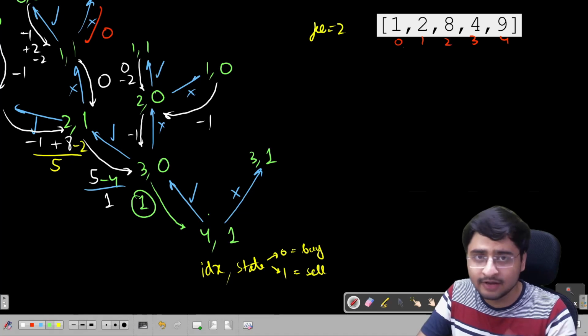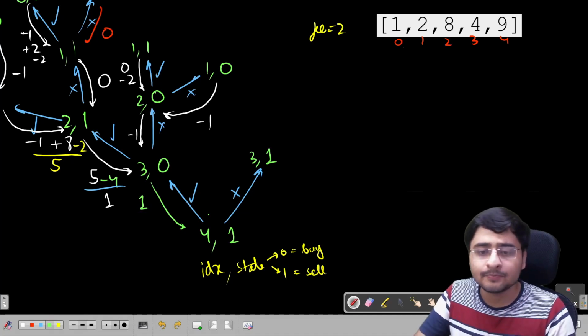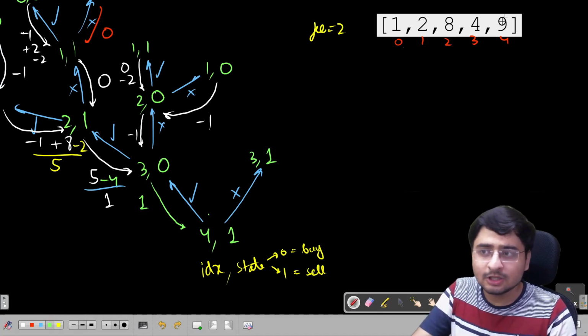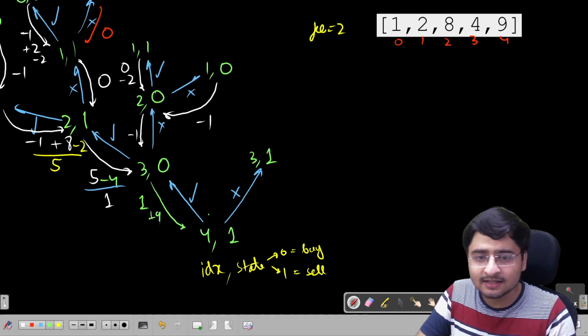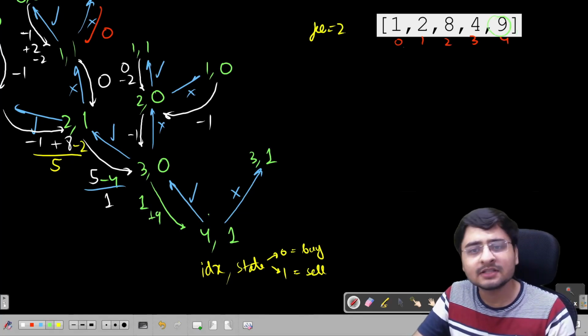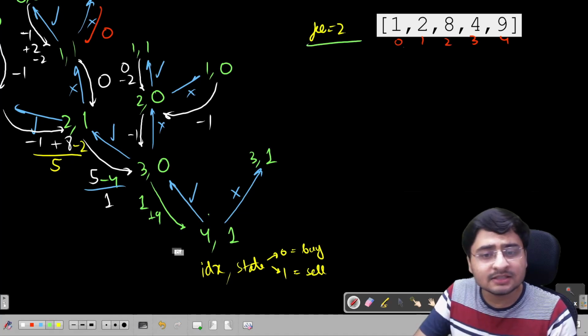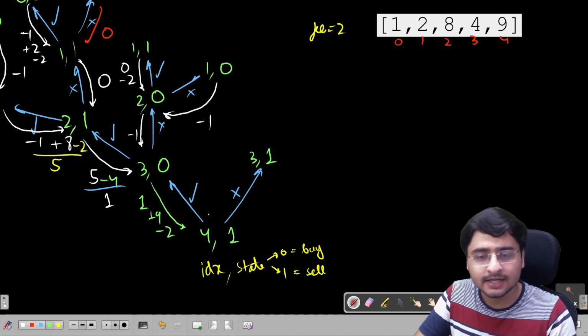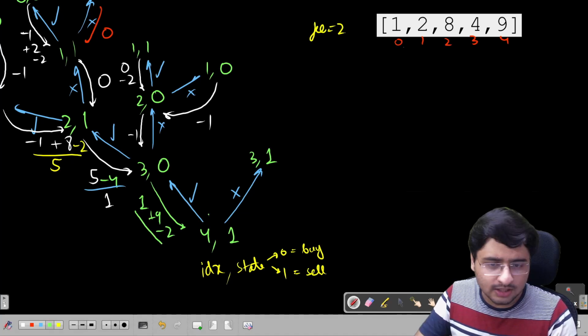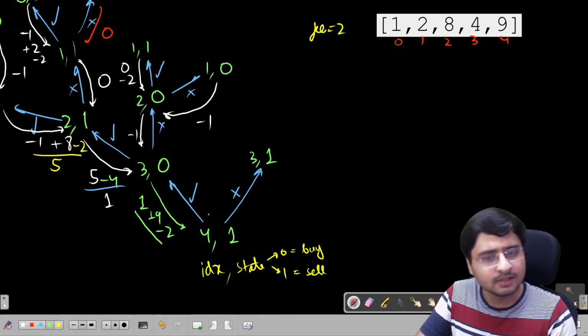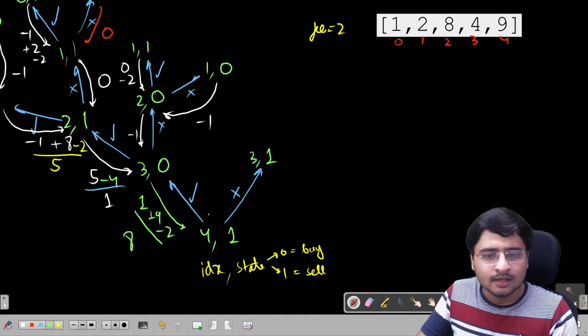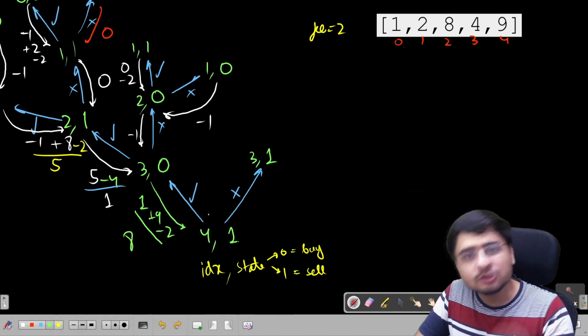This is the profit from the previous days. But since I'm selling on the 4th day, I'll need to add the price of this day as well. Plus I need to subtract the transaction fee because I'm selling. What is the total amount of all these things? It is turning out to be 8, correct? 10 minus 2, 8. Now this is the overall profit if I do sell on this particular day.